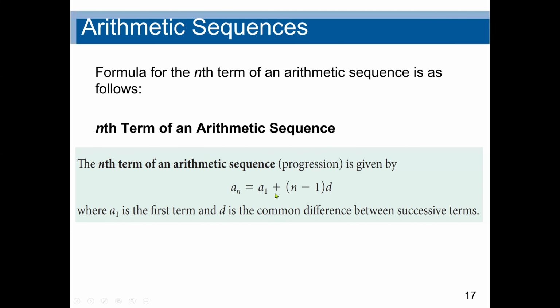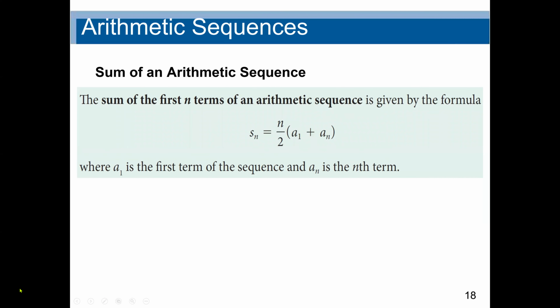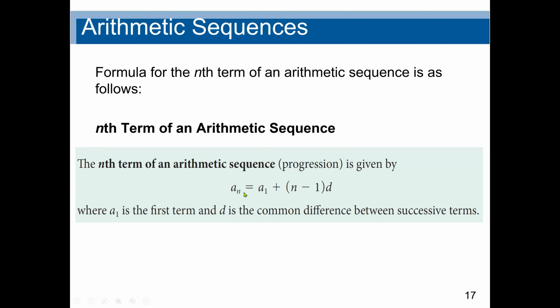So we can use this formula to find any position of a value if we know the beginning value, we know how many terms, and then the D. We'll see one example right now. Also, we can find the sum of an arithmetic sequence. Again, here we are looking for the term AN. N can be any position.